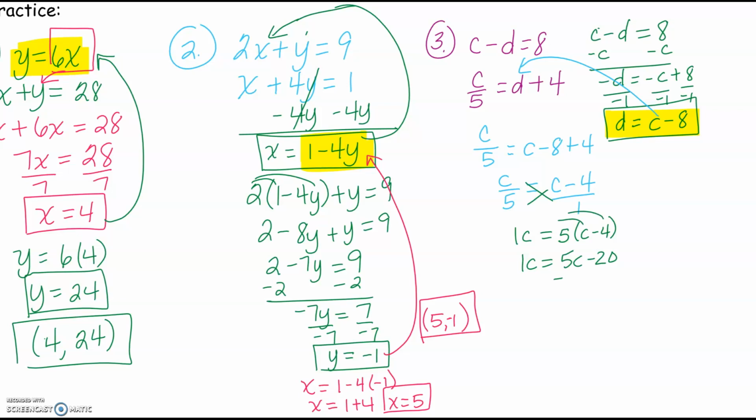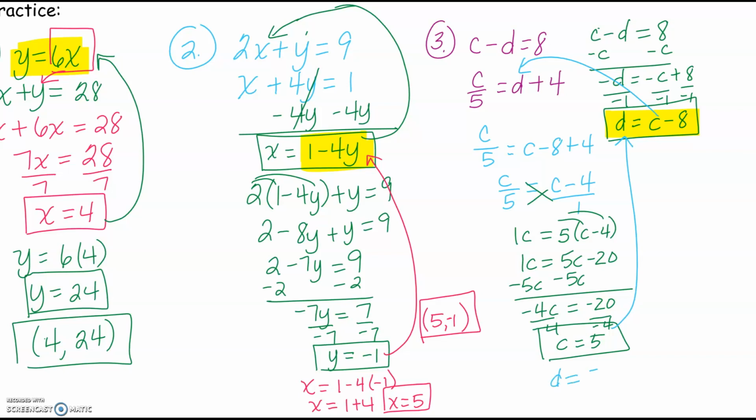I'm going to subtract 5C. And I get negative 4C equals negative 20. I divide by negative 4, and C equals 5. I'm going to take what C equals, and I'm now going to plug it in right there to D. So I get D equals C, which is 5 minus 8, or D equals negative 3.